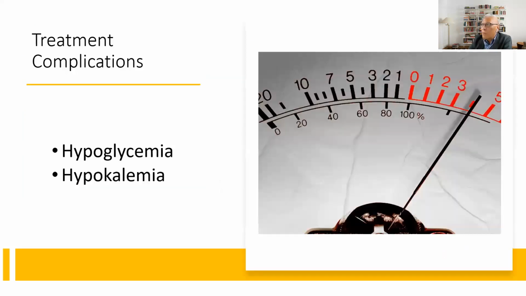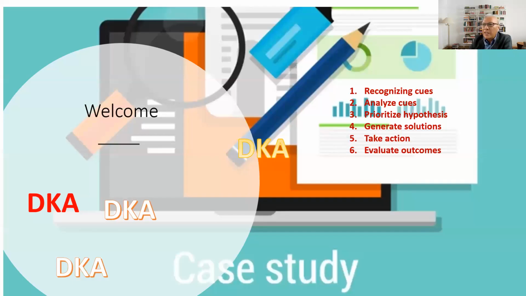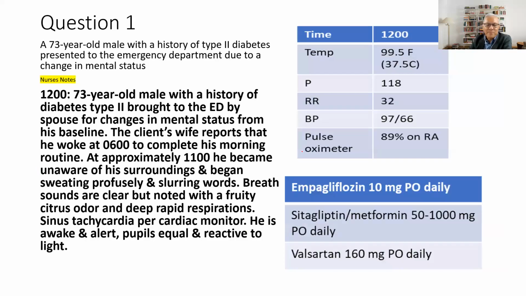So we already talked about the electrolytes, and of course, this is going to signal us to go to our case study. So let's go ahead to our case study. Two of you answered the case study, and therefore you're familiar with it, but let's go ahead and read it.